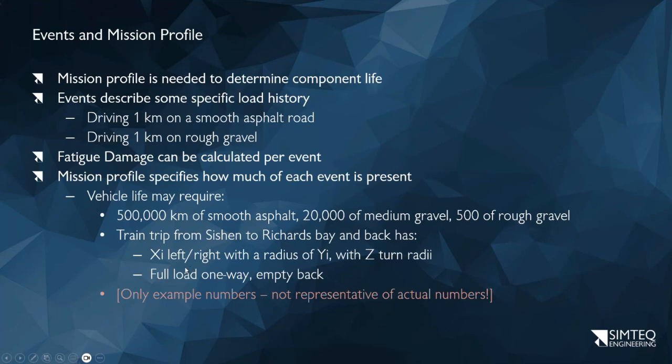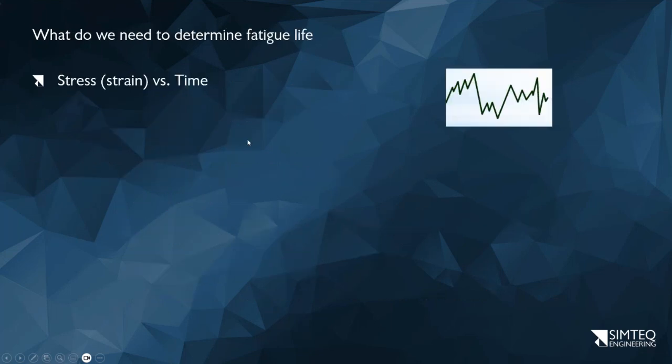So the mission profile, you get to choose whether you want to pick those events, combine them, and call that the mission profile, or rather say, I want so many total trips to Richards Bay and back effectively to define it. It's simply slightly different ways of looking at it.